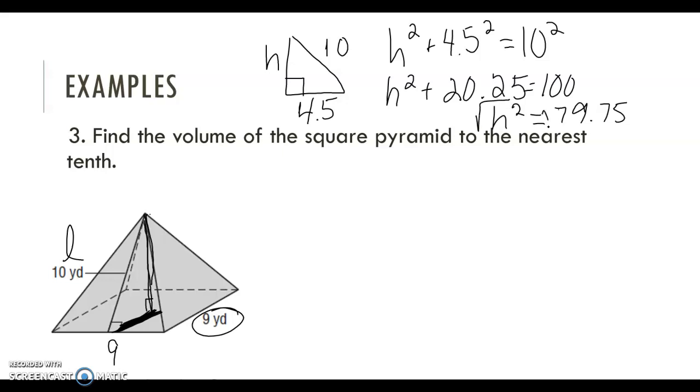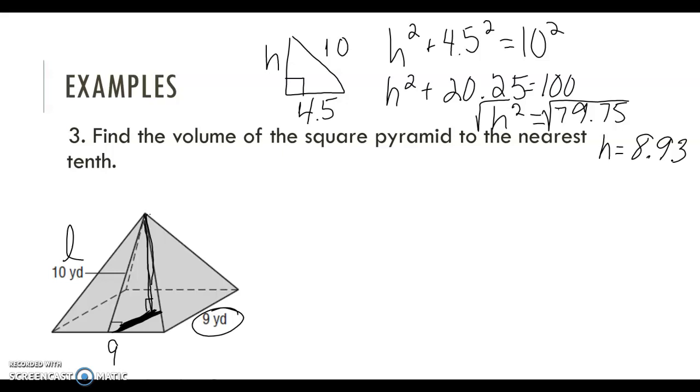Take the square root of that. Since this is already a decimal, we will keep a decimal, and we'll round at this point to the nearest hundredth, just so our answer is a little bit more exact. So this height rounded to the nearest hundredth would approximately be 8.93. And that's what we're going to use in our volume formula then.